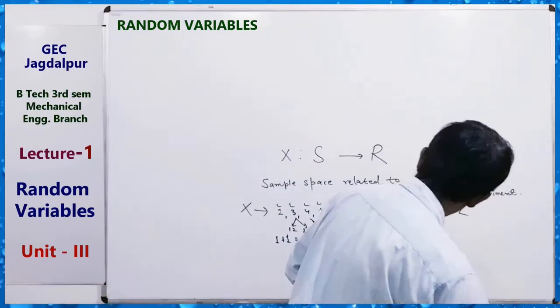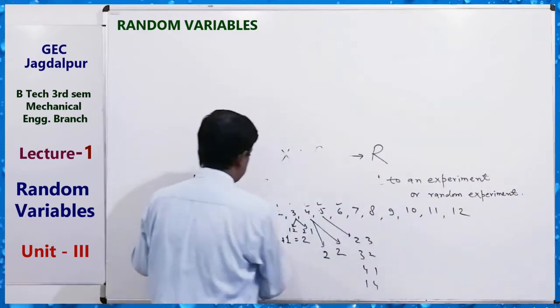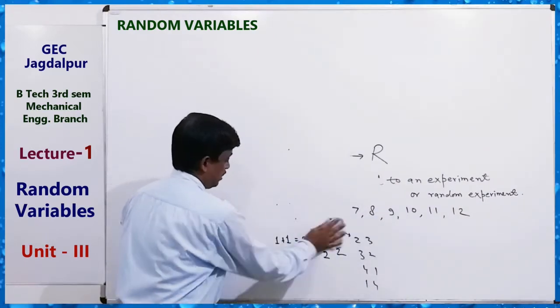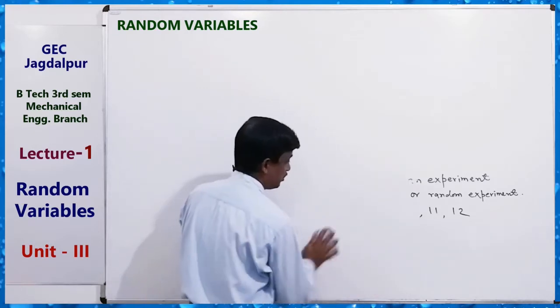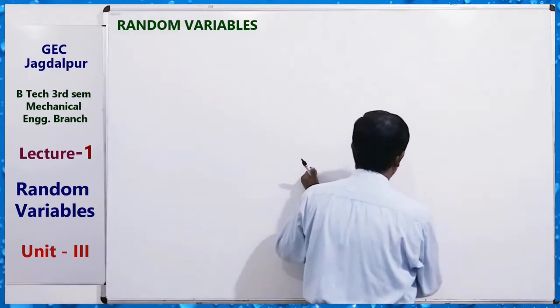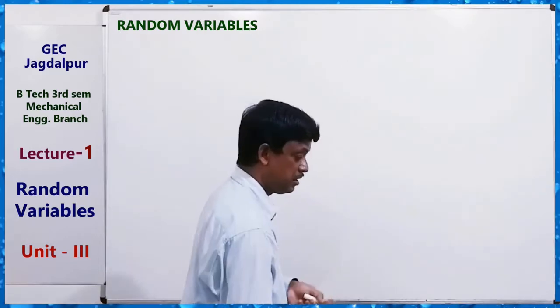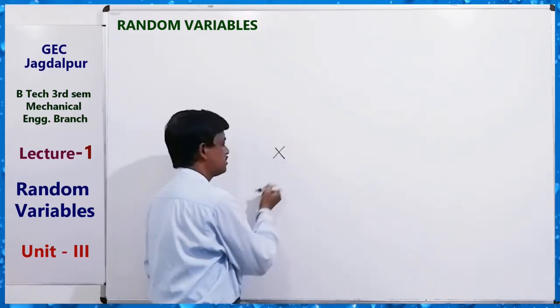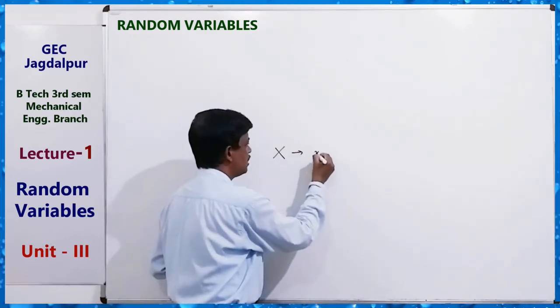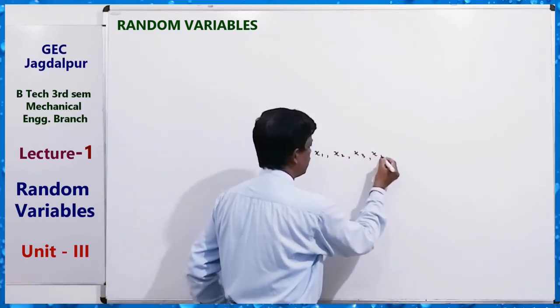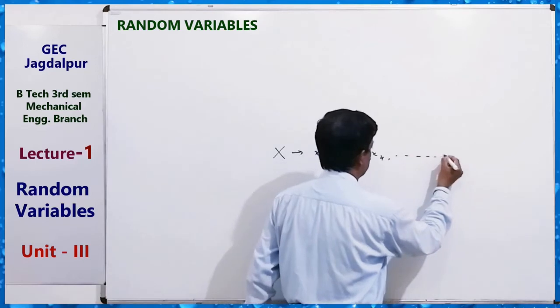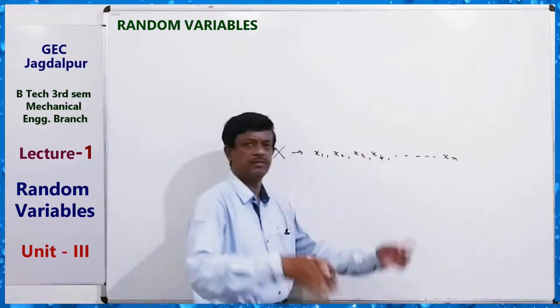So a random variable can take values. Here, suppose this random variable x takes values x1, x2, x3, x4 and so on up to xn.